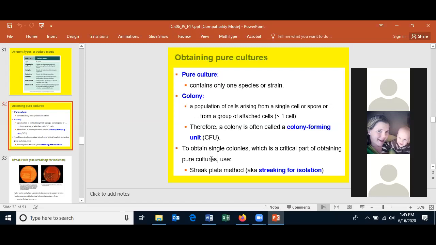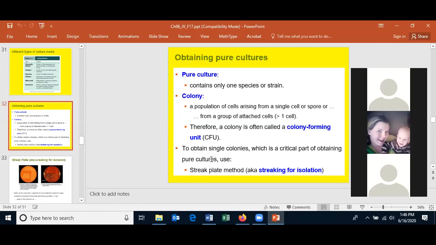So when you're working in microbiology, you have to have a pure culture, and that way you know what the test result tells you, and that is the species itself that you're studying is the one that gave those results. Any questions about that?